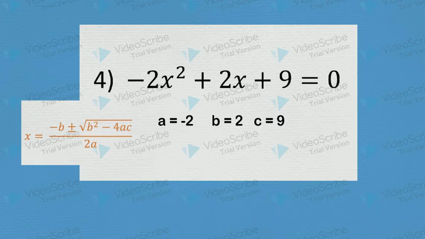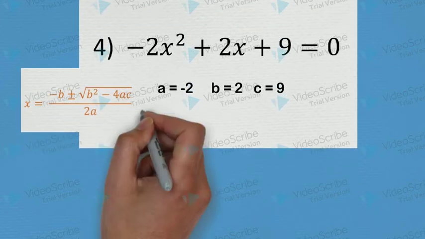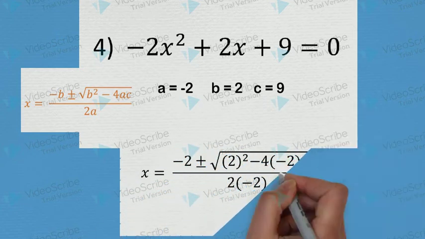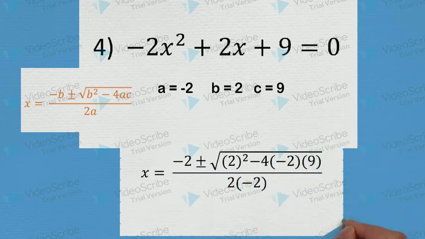Take this time to try on your own. You should have gotten x equals negative 2 plus or minus the square root of 2 squared minus 4 times negative 2 times 9 all over 2 times negative 2. Correct any mistakes you might have made.